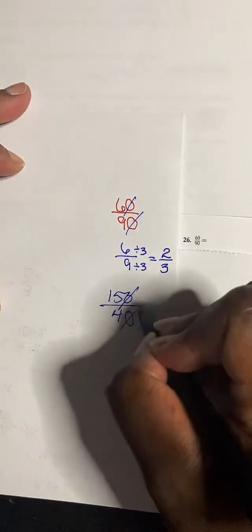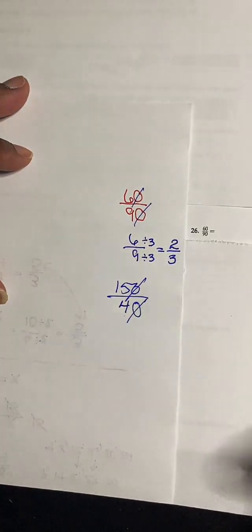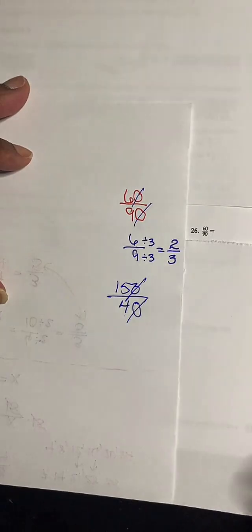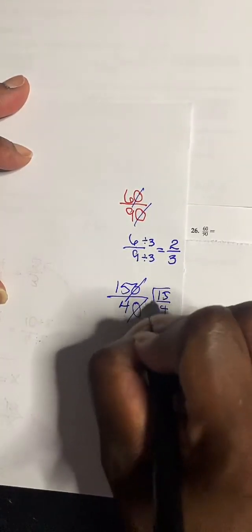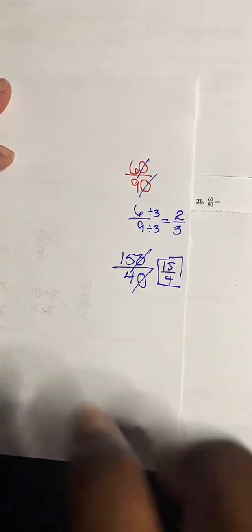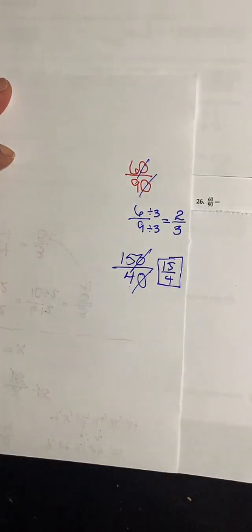Get rid of the zeros. See if you can reduce the 15 and the 4, which in this case you can't. The only thing that they have in common is 1. So 15/4 is your answer. But if you don't see it, maybe you see mixed numbers. What would 15/4 be as a mixed number?